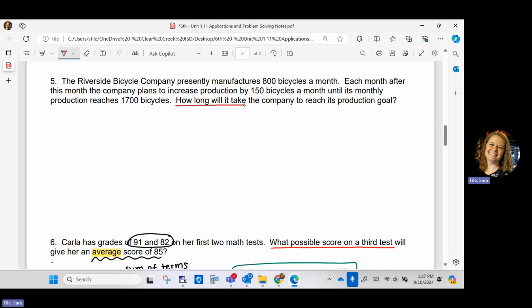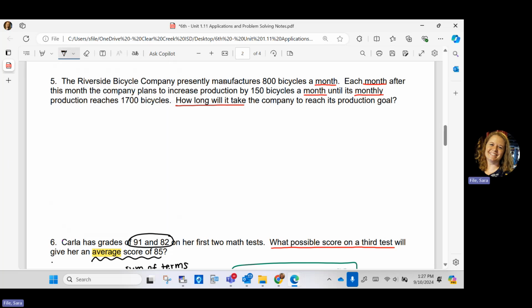How long, and look at all of the units. It's all in months, months, months, months. So they're asking how many months. So our X is going to represent months.